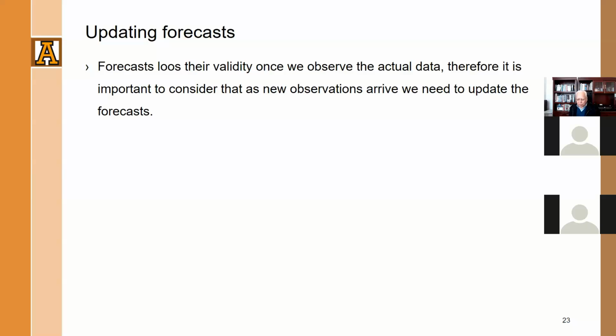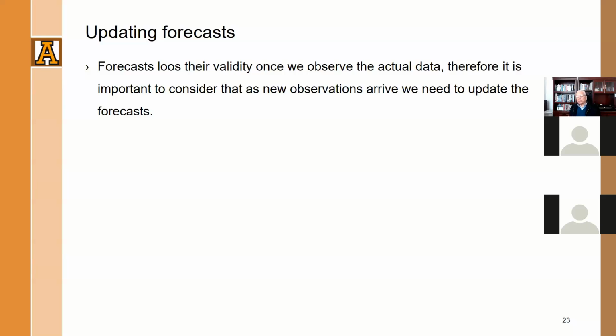And there's a couple of considerations here. We can, with the same model, keep updating the forecast when we get new observations. The other thing that can be done, and actually is more practical, what we should be doing, is to re-estimate the model when new data come. As soon as we start getting new data, we need to re-estimate the model and validate it again.